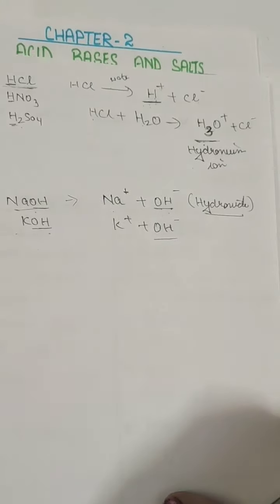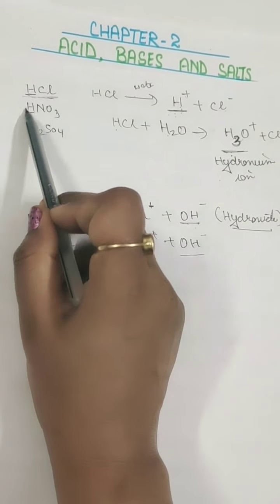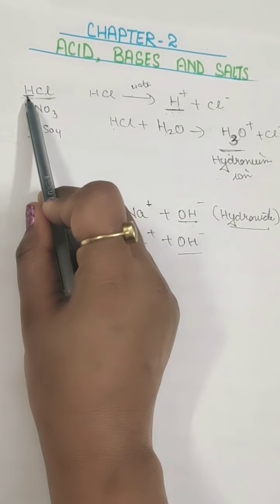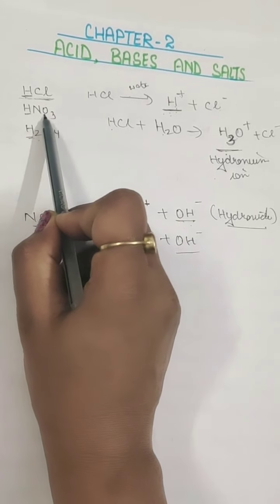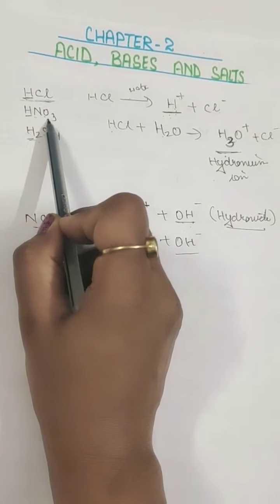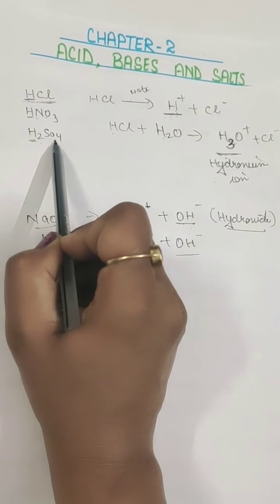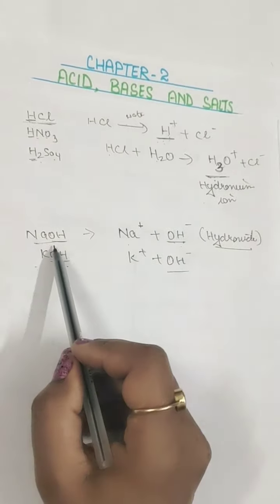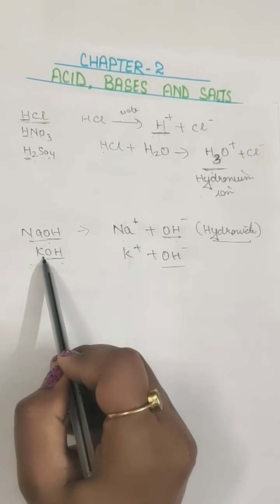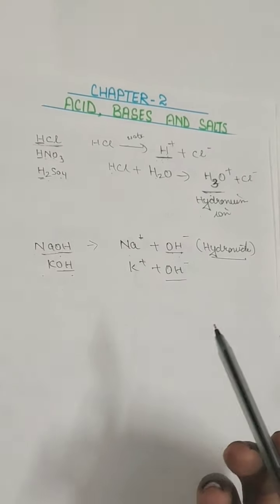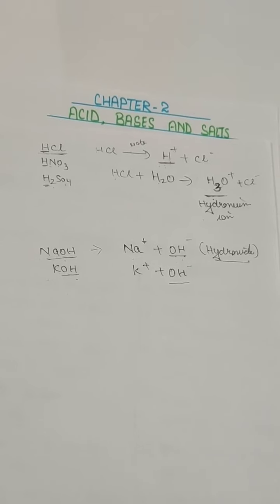So here also if you look, that means acids are always formed when hydrogen combines with a non-metal. All these things are non-metals, like nitrogen, oxygen are non-metals, like this sulfur, sulfate here is non-metal. But here this sodium is a metal, this potassium is a metal, and so on. The other compounds as well will always be metals.